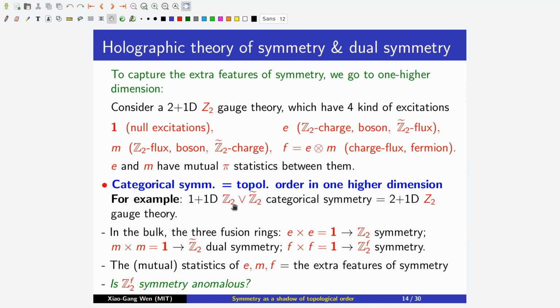For a Z2 symmetry, the dual symmetry is also a Z2 symmetry. However, if the symmetry is non-abelian, the dual symmetry is not a non-abelian symmetry. It's a non-invertible symmetry. So the dual of a non-abelian symmetry is already a non-invertible symmetry. So this may be the simplest non-invertible symmetry.